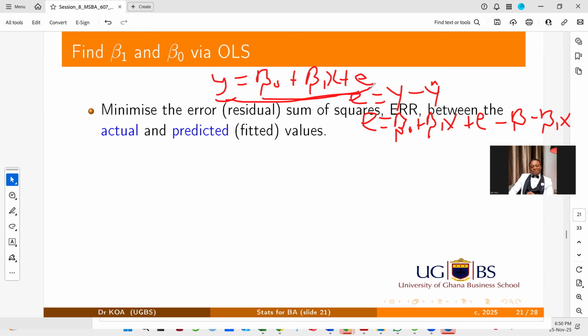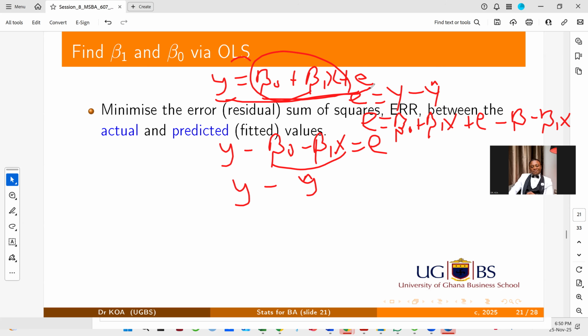If I were to make the error the subject, I'll move the whole of this to the left-hand side so that y minus beta naught minus beta 1 x is equal to the error. And that is why we say that this part here is a y cap, whereas this is an actual y.